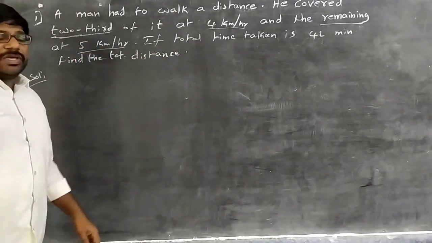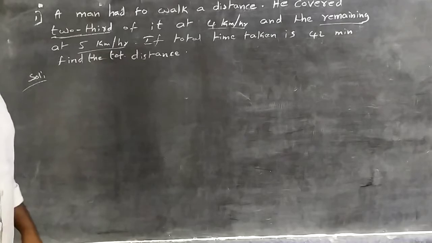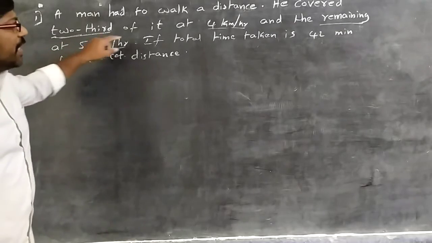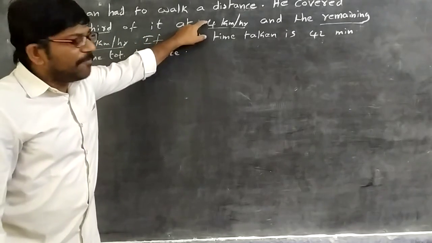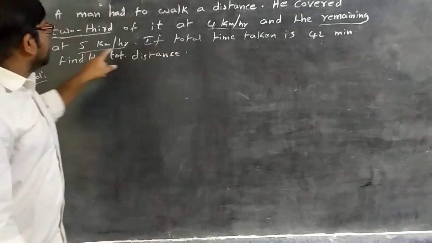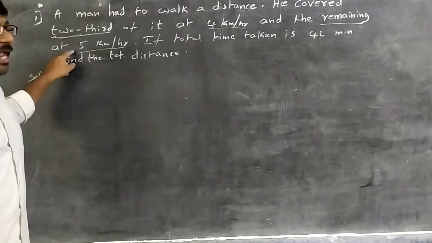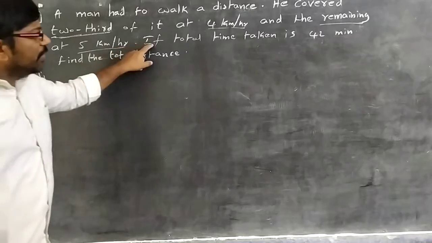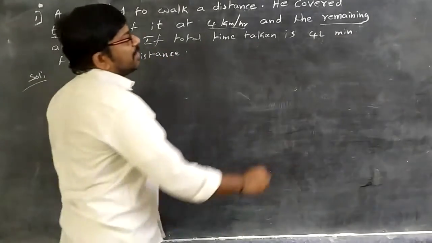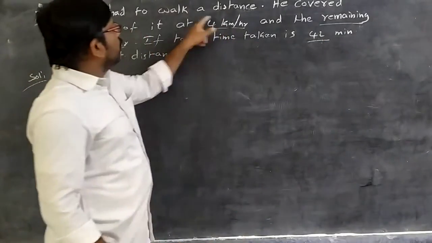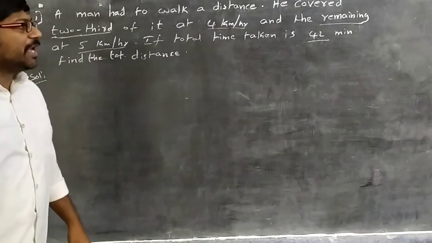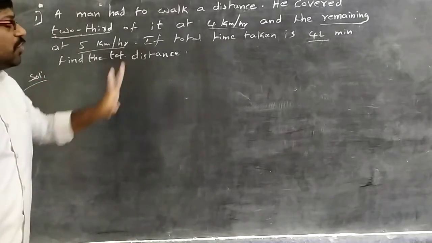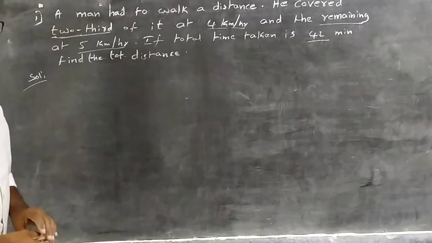So he traveled in two ways. The first speed is 4 kilometers per hour and the second speed is 5 kilometers per hour. There are two cases, right? If the total time taken in both cases is 42 minutes, then find the total distance.